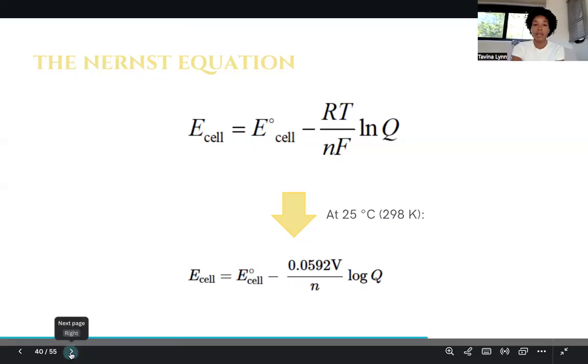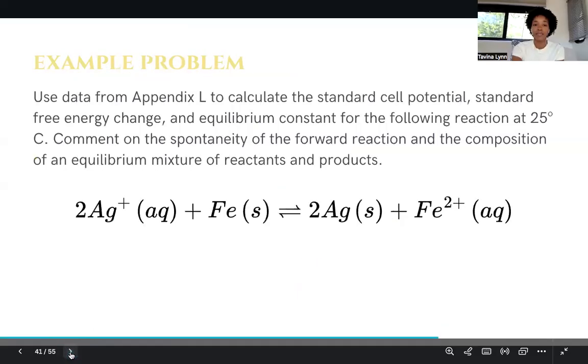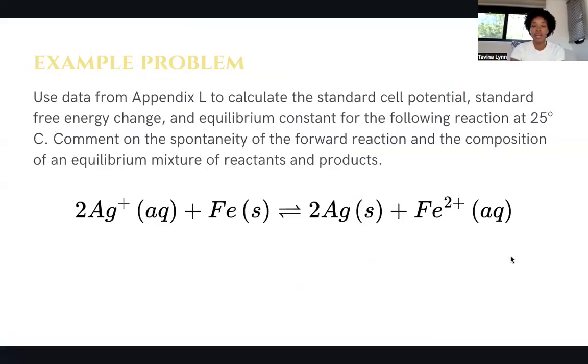So let's look at an example. Use data from Appendix L. Appendix L has our standard reduction potentials. To calculate the standard cell potential, the standard free energy change, and equilibrium constant for the following reaction at 25 degrees Celsius.